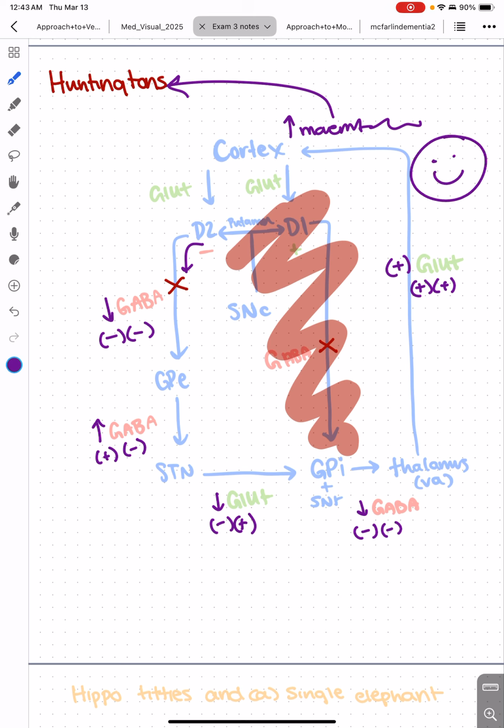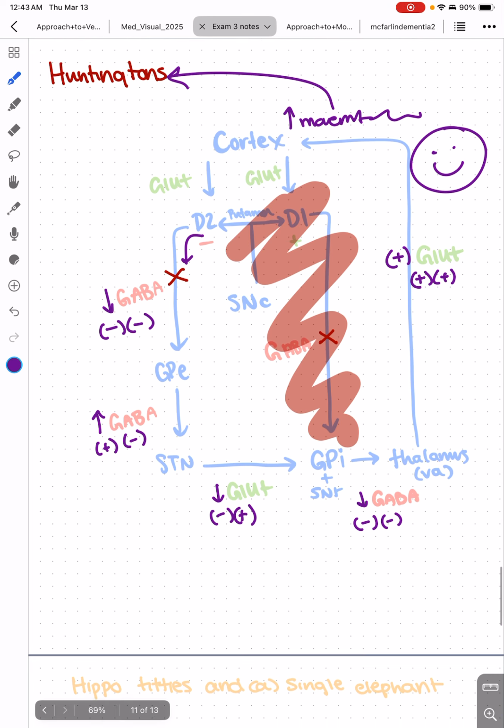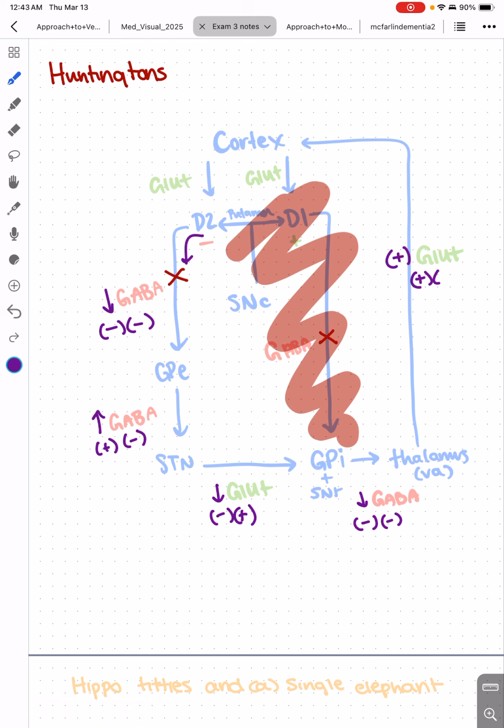Now, for example, if we take our exam and someone says there is increased activity at the globus pallidus internus, what effect will that have on movement?